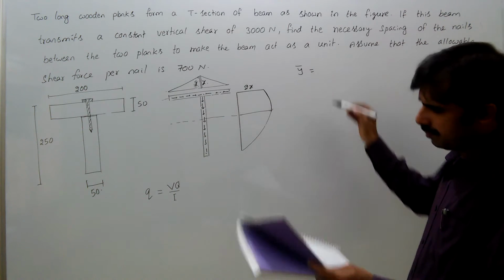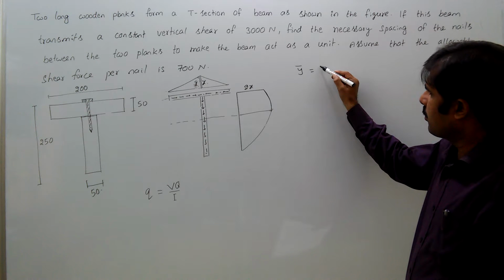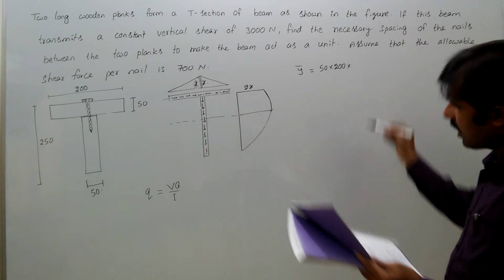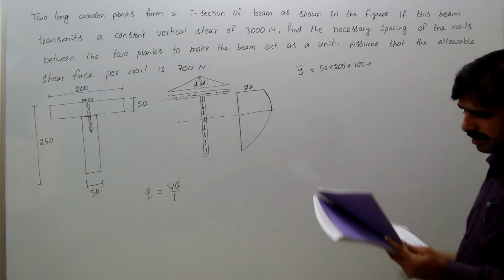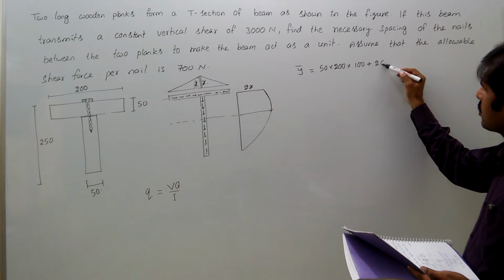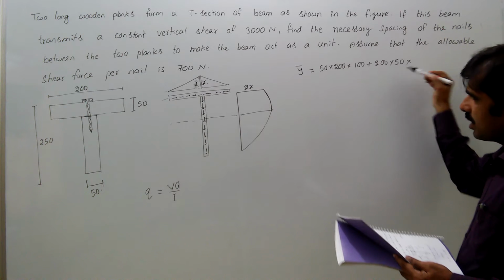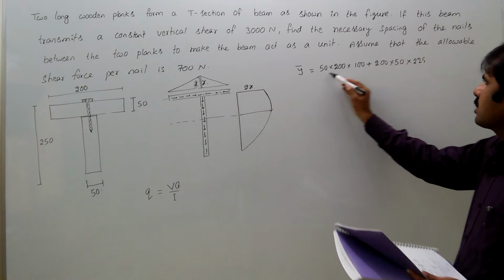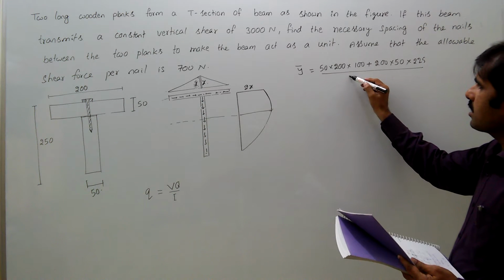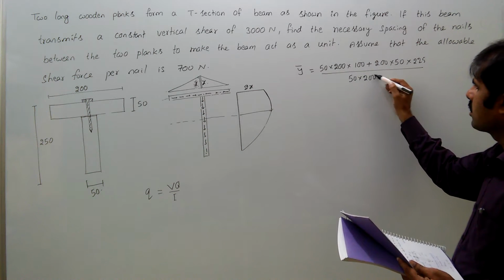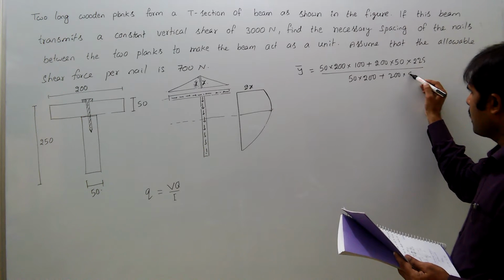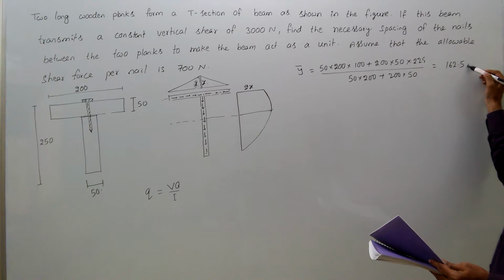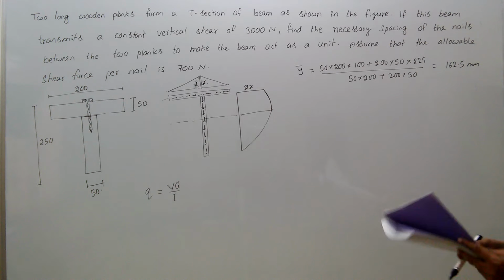Y bar equal to web is 50 into 200 is the area, centroidal distance is 100, plus flange is 200 into 50 into 225 is the centroidal distance for flange, divided by area 50 into 200 plus 200 into 50, that equals 162.5 mm from bottom is the centroidal distance.